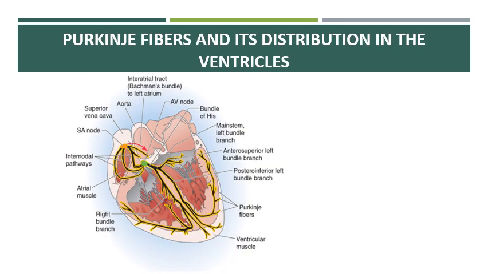Impulses after passing from the AV node pass through the bundle of His and then through the right and left bundle branches to the Purkinje fibers, and through Purkinje fibers the impulses are conducted to the remainder of the ventricular muscle.